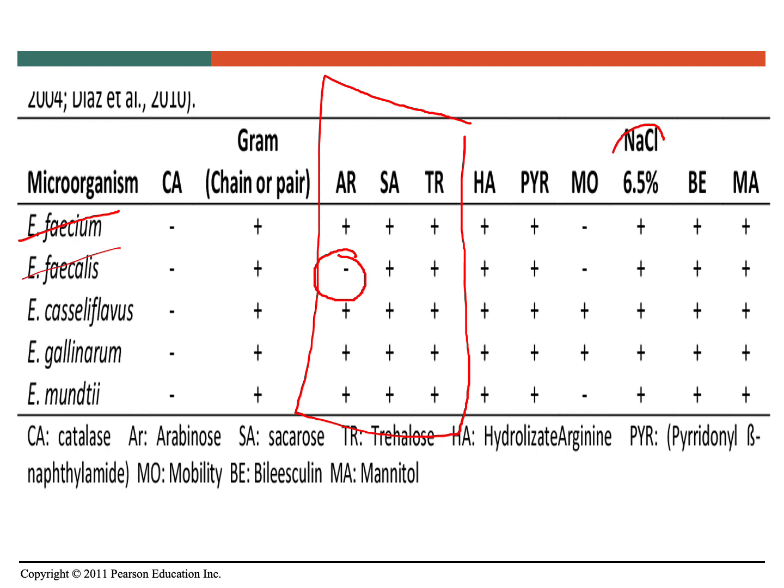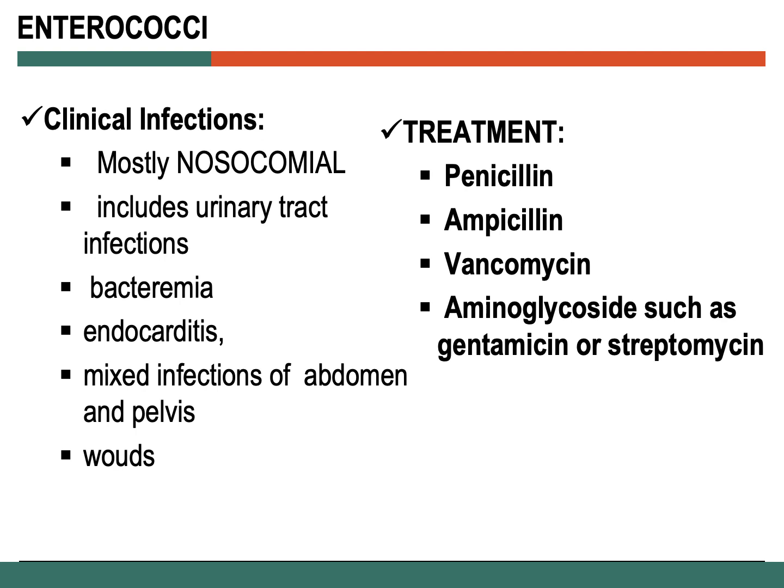All Enterococcus grow on 6.5% NaCl and hydrolyze bile esculin. Enterococcus are usually associated with mixed infection of the abdomen and pelvis, endocarditis, bacteremia, and these are usually nosocomial types of infection.